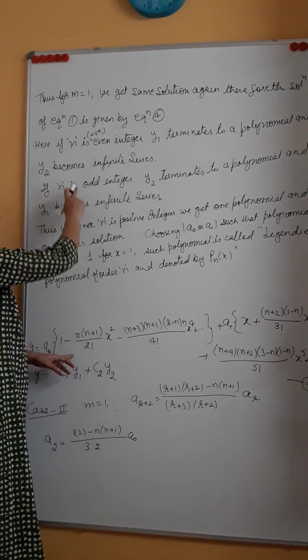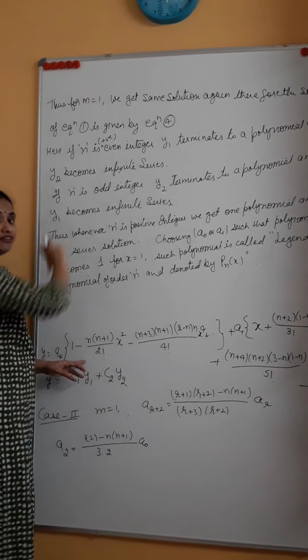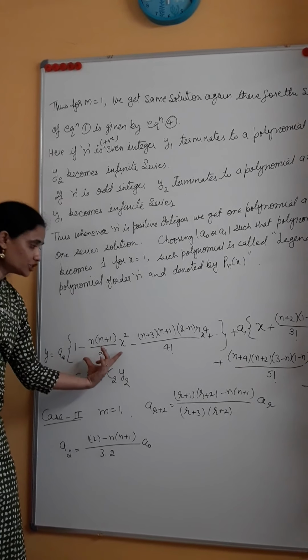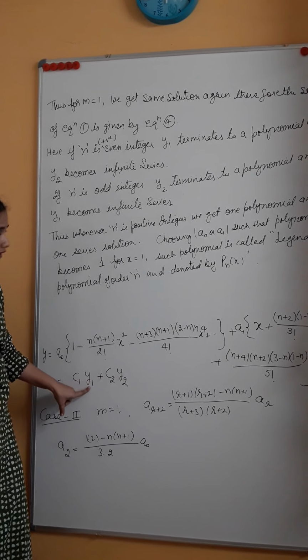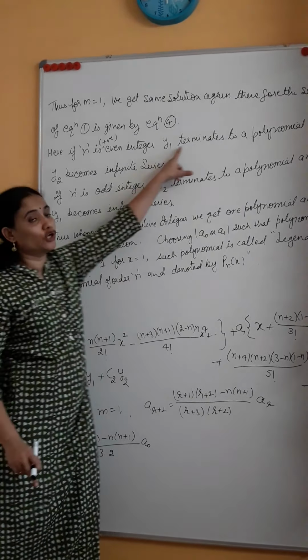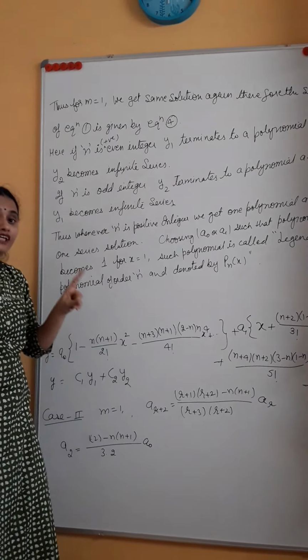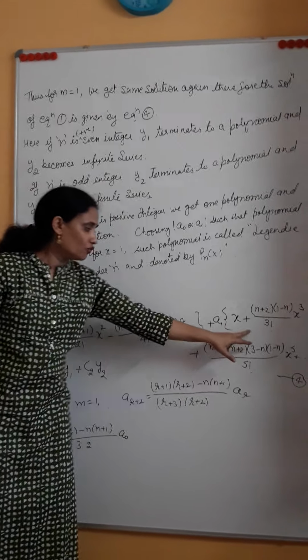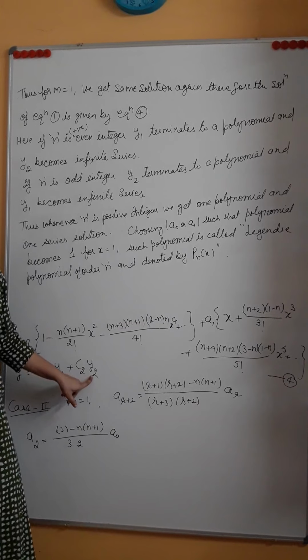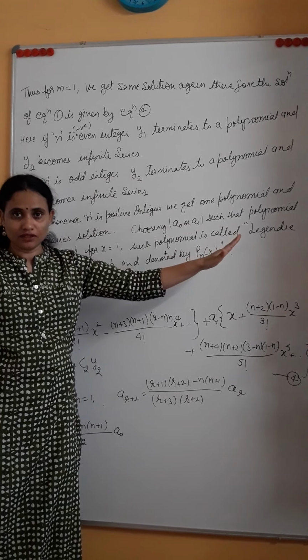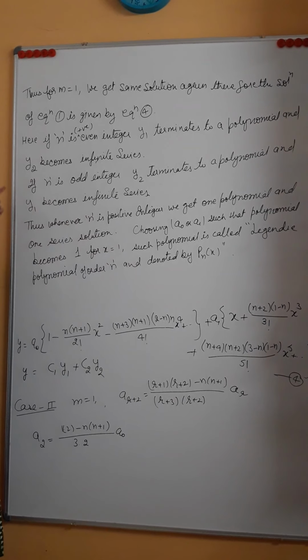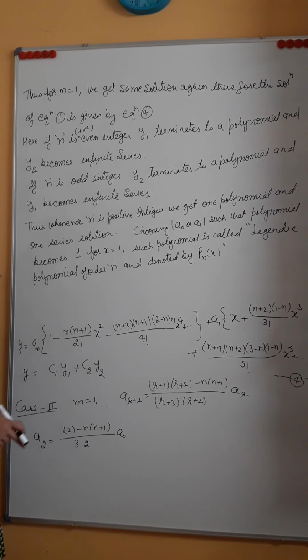So for n as a positive even integer, the coefficient of a0 which I have written as y1 terminates into a polynomial, and the coefficient of a1 that I have mentioned as y2 becomes an infinite series, right?